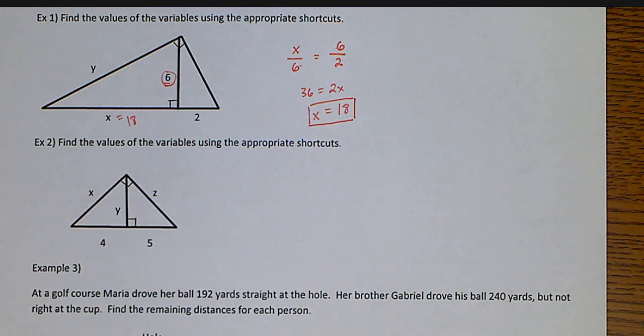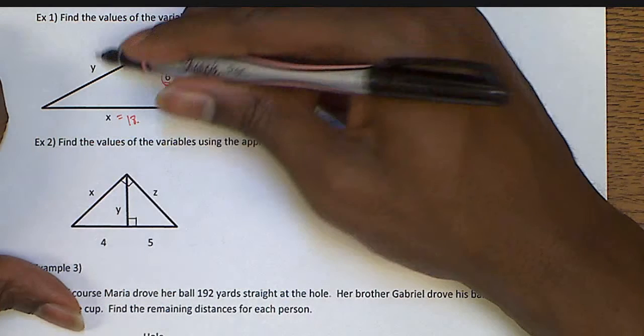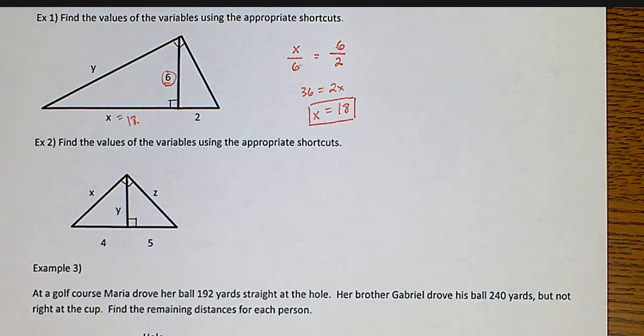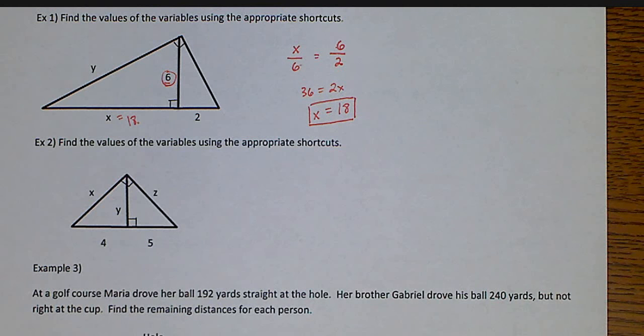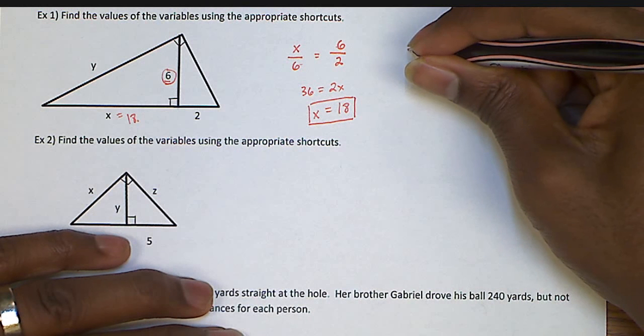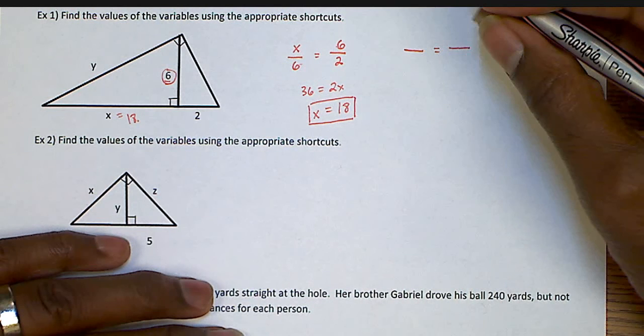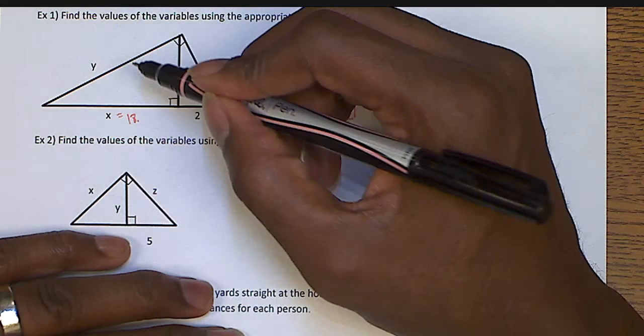Again, I could use the Pythagorean theorem to find y, because 6 squared plus 18 squared should give me y squared. If you have trouble remembering these corollaries, you can do that. I'm going to use the corollary just because I know it, and show you guys. So here we go. We have this leg of the big triangle.